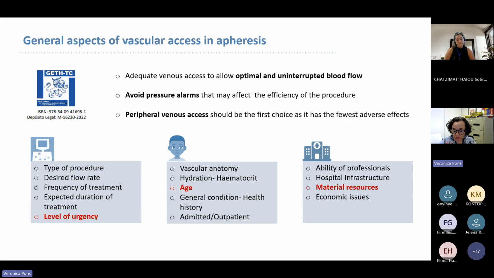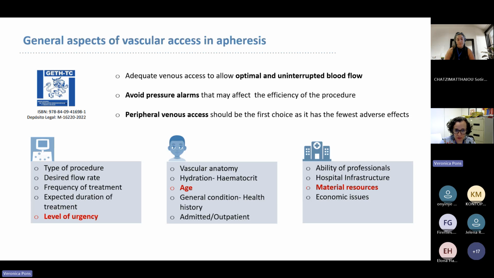The characteristics of the procedure must be taken into account, including the type of procedure, the desired flow rate, the frequency of the treatment, the duration of treatment, or even the level of urgency.